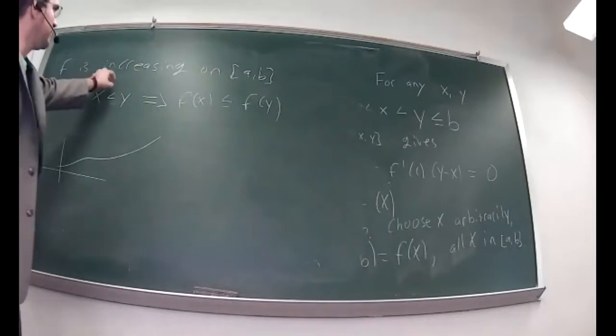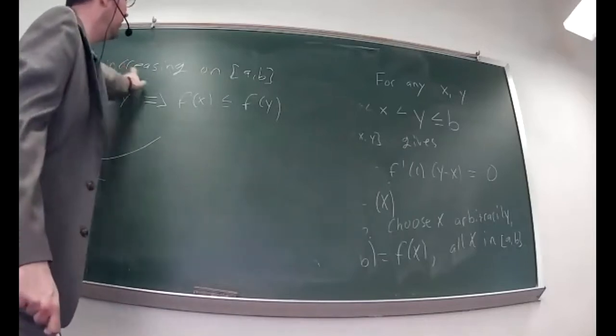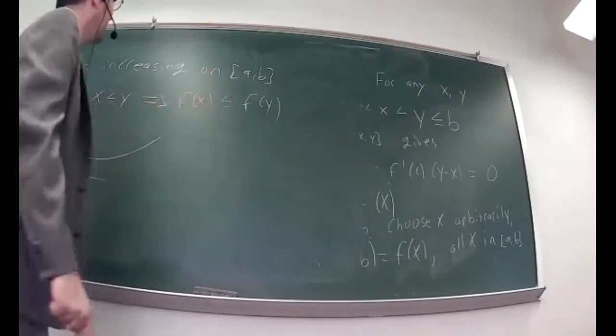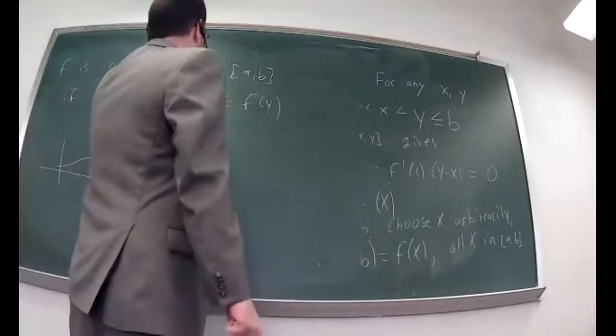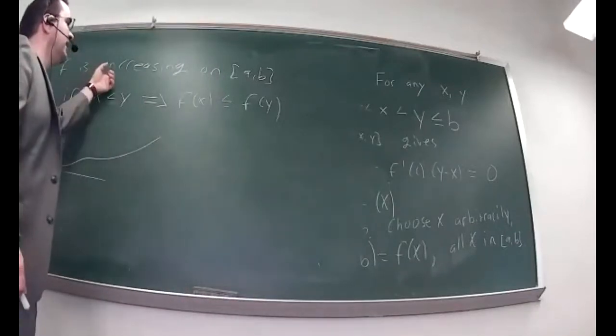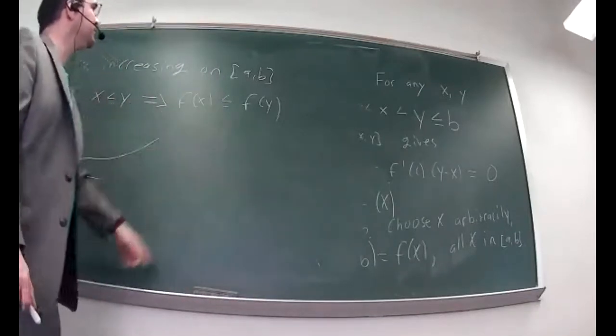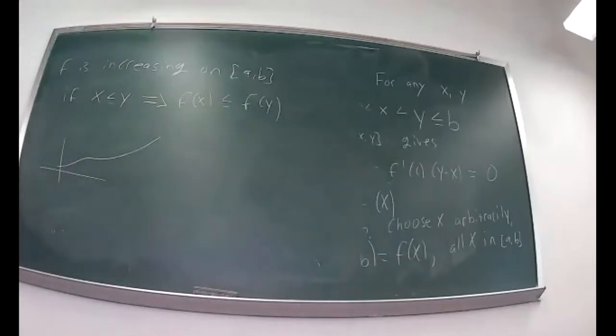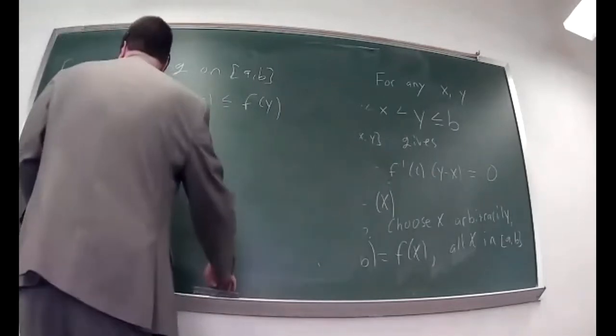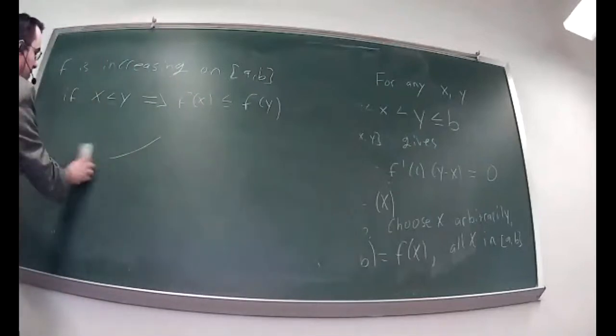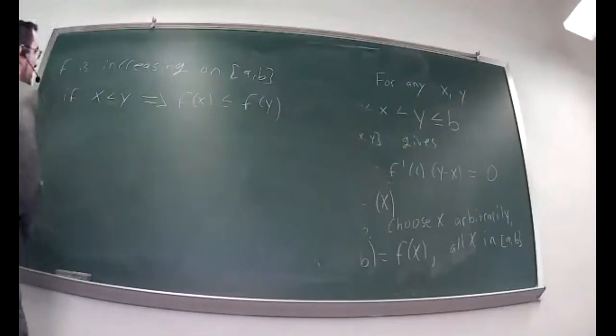Some mathematicians will say increasing means that it's strictly less than, and they'll say that monotonically increasing means less than or equal to. I say that increasing means less than or equal to, and if I want it to be strictly less than, then I would say that f is strictly increasing. So just be a little bit careful about those definitions, because different authors are going to say different things.